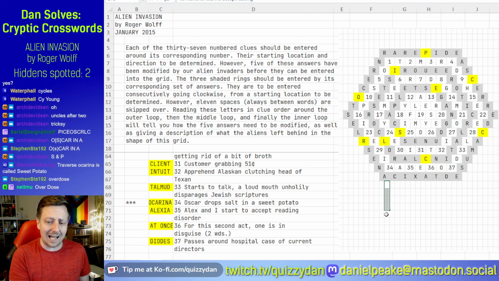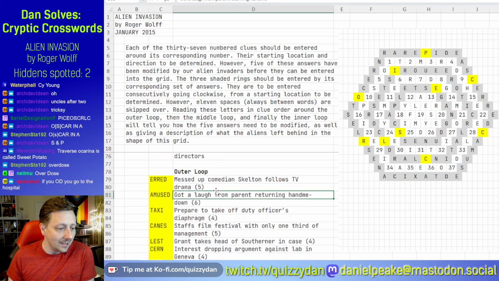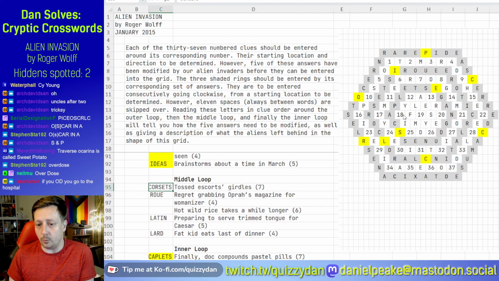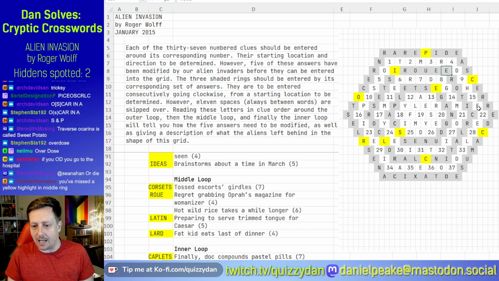But I mean, anything could be a hospital case if dealing with that. Outer loop is all done. Middle loop we hadn't quite finished. So there was lard. So lard is in there. Latin is in there. What's after lard? Corsets is in there. And then roux is in there. And then we have erotic.